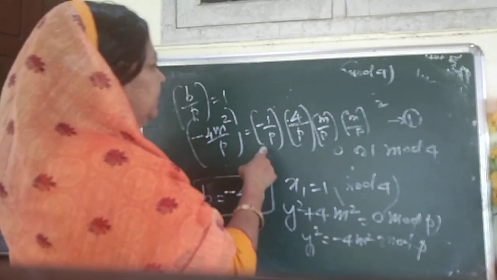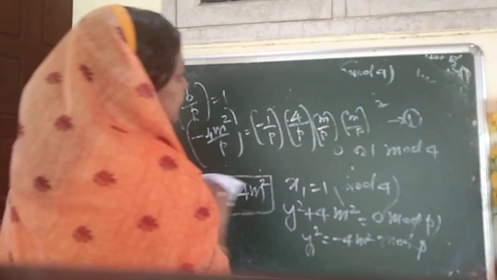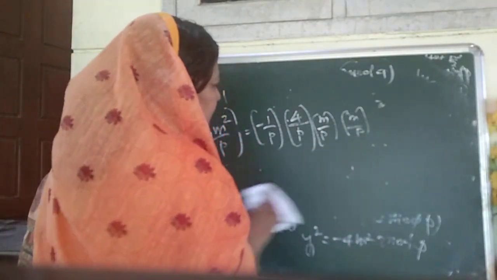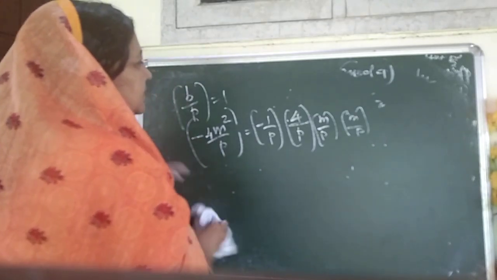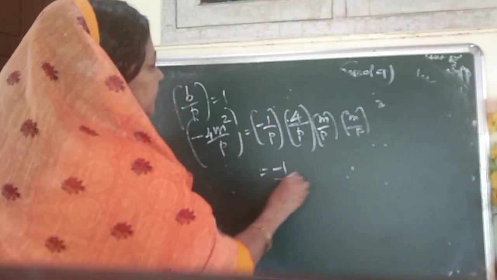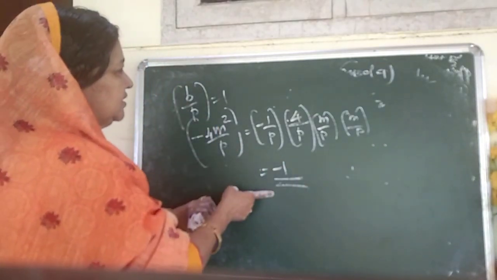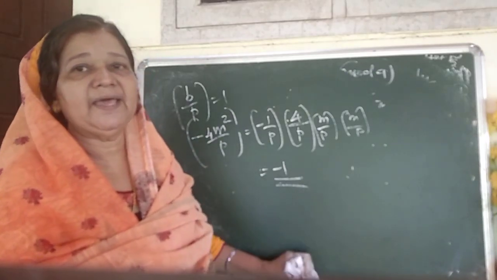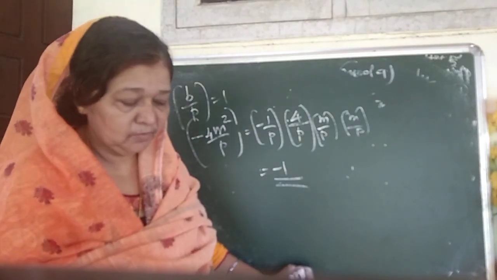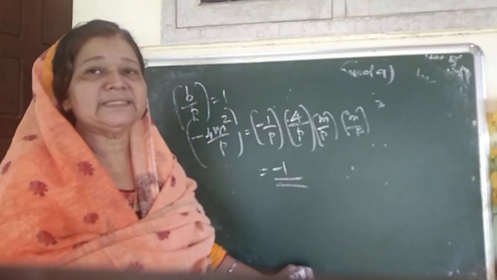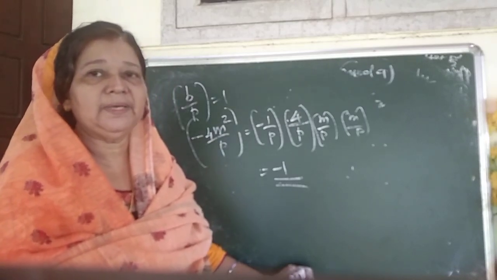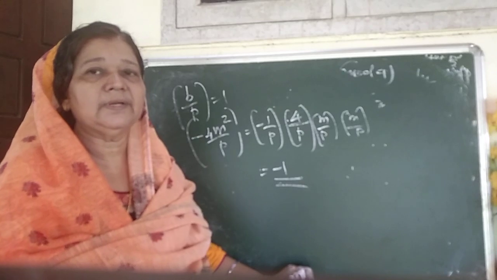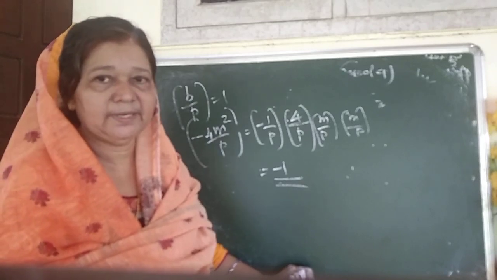The last factors give 1. Therefore we get minus 1 by p, that is minus 1 raised to (p minus 1) by 2, which equals minus 1. So we arrive at a contradiction. Therefore our assumption is wrong, and the given Diophantine equation y square equals x cube plus k, with k equal to (4n minus 1) the whole cube minus 4m square, has no solution. Okay, thank you.